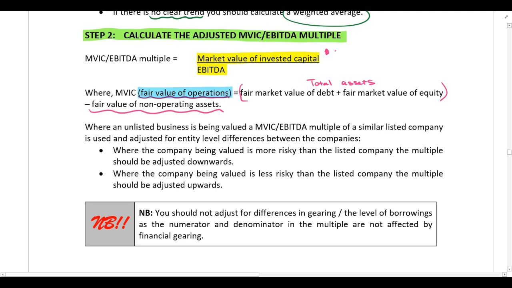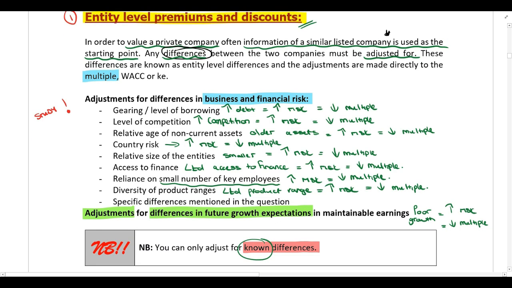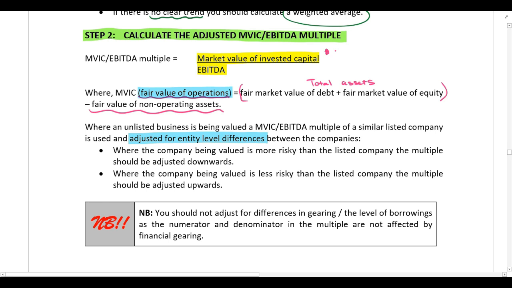We then need to take the multiple of the similar listed company and we need to adjust for entity level differences. So the same entity level differences that we adjusted for with our PE multiple, we also need to make these adjustments. And the same logic applies because we are still working with a multiple.